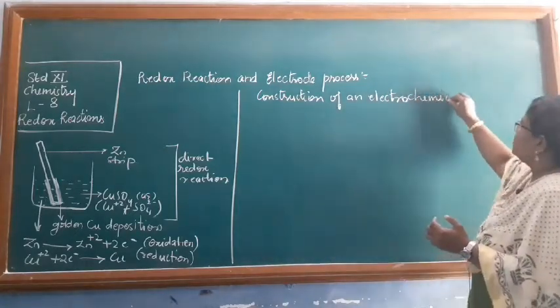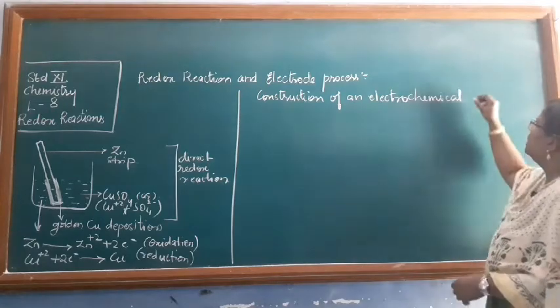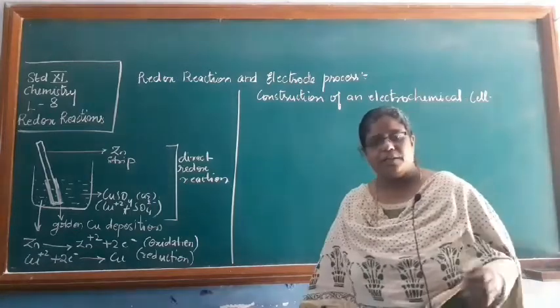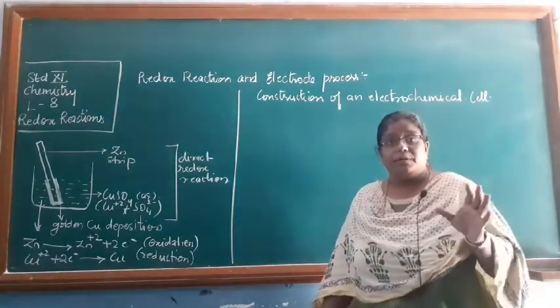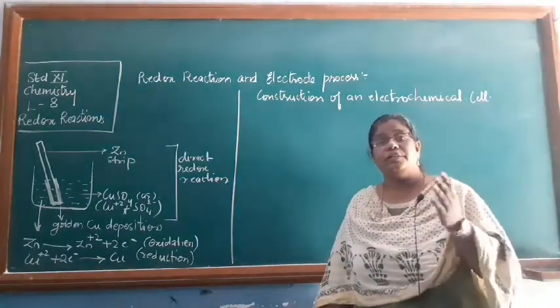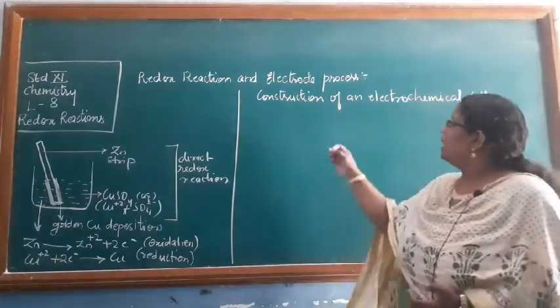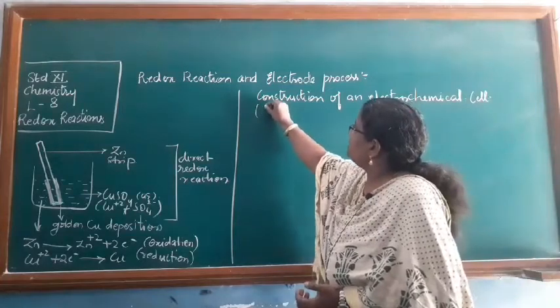First and foremost, you should understand what an electrochemical cell is. An electrochemical cell is a device or a setup by which you can convert chemical energy into electrical energy. So what is the principle here?